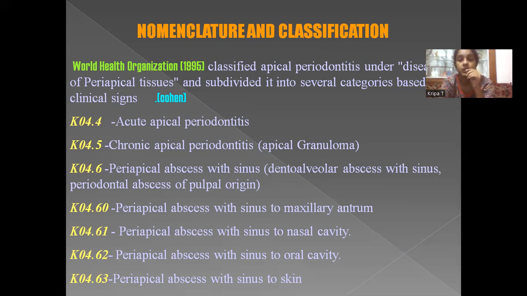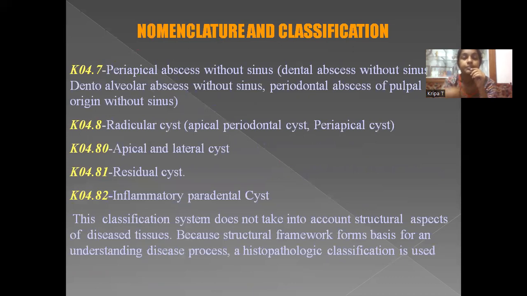Periapical abscess with sinus to maxillary antrum, to nasal cavity, into oral cavity, and to skin. Then the next category is periapical abscess without a sinus. Then there is radicular cyst, which is again subdivided as apical and lateral cyst, residual cyst, and inflammatory paradental cyst.